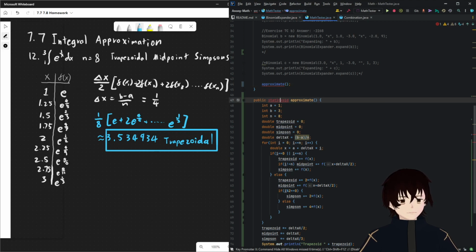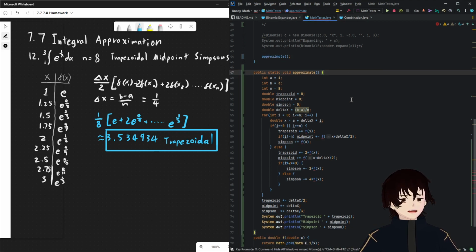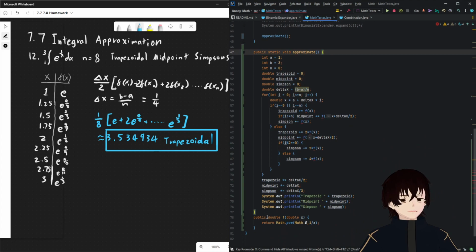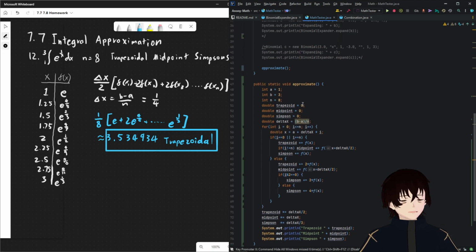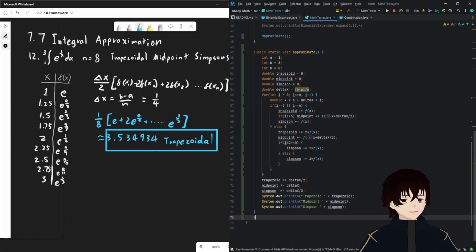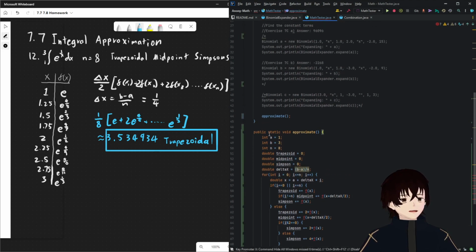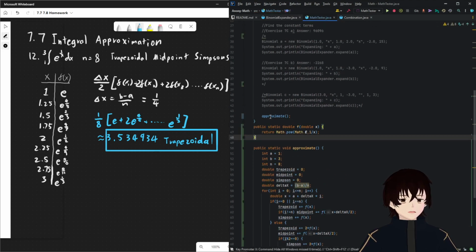Oh, fine. We can be static. Let's bring our function up here because I think our approximate method is complete. And let's actually give it int, double a, double b, int n.